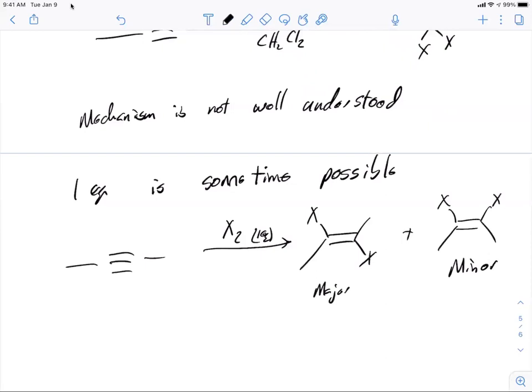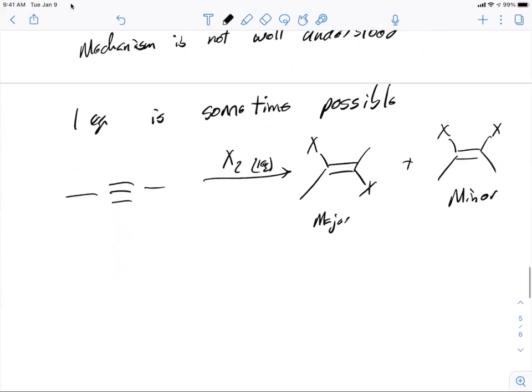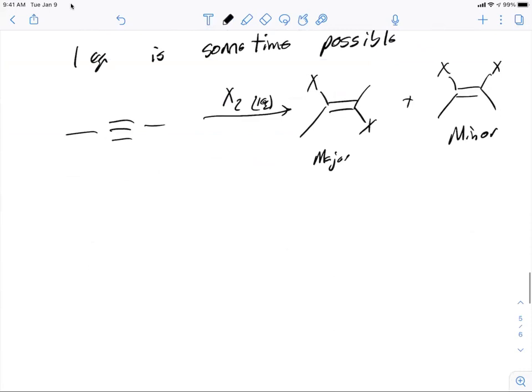If you see one equivalent, they're expecting you to show one of these two products. The trans is the major, but you can also get syn addition, right? So you get anti and syn addition. Remember, with alkenes, you only got the anti addition. You never got the syn addition. And so this is a difference. The mechanism is complex, and there are still chemists that when they have a little time on the side, they're still working on this one.